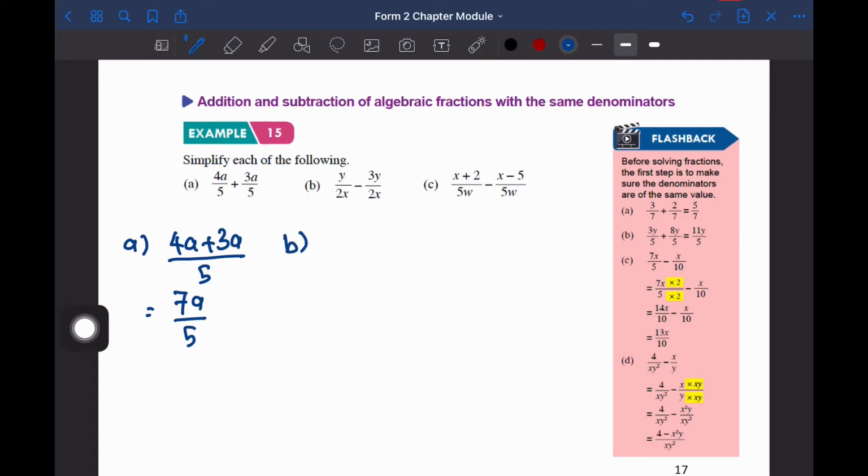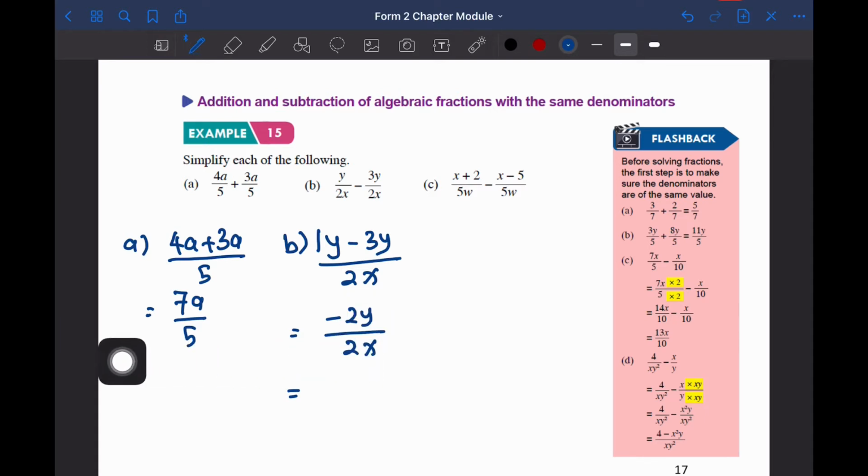So B, buat teruslah, y tolak 3y over 2x. So y ni sebenarnya 1 kan. So 1 minus 3 is actually negative 2y over 2x. So bila awak tekan calculator, negatif 2 bahagi 2, awak akan dapat negatif 1. So negatif y over x.